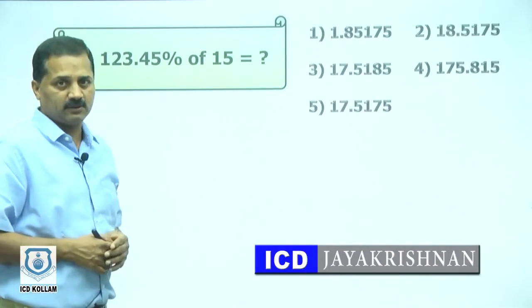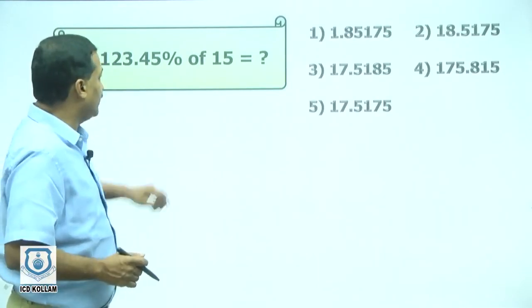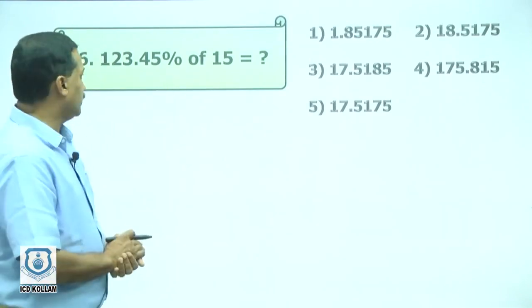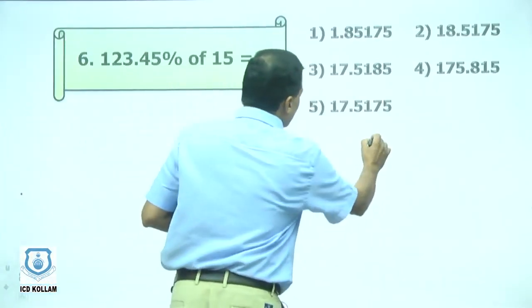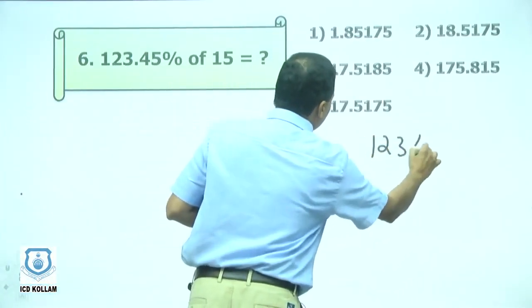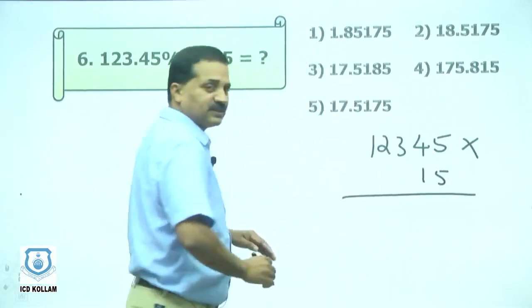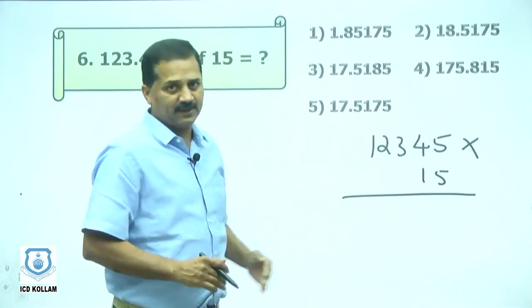Question number 6. 123.45% of 15. So it is essentially 123.45 into 15 divided by 100. Percentage means divide by 100. So how do we do this question? In small classes you will write 123.45 into 15. You will first multiply by 5, then you will multiply by 1, then you will add.